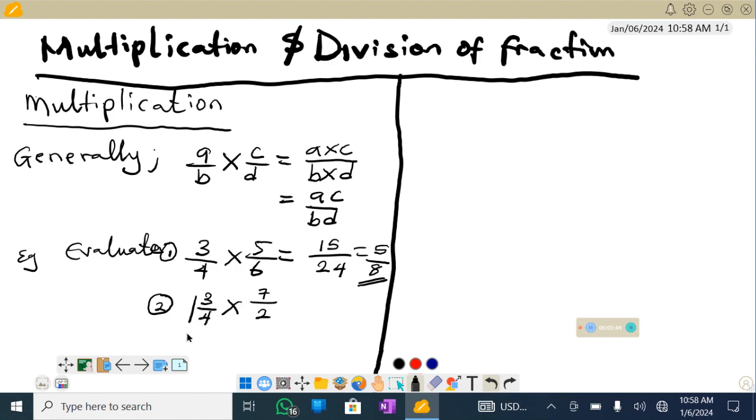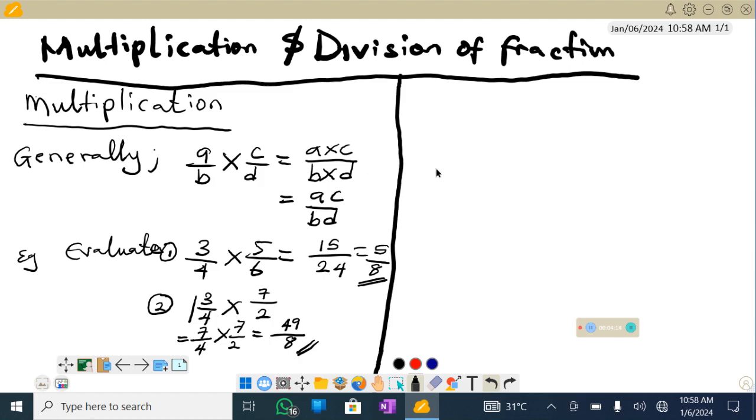It makes it easier. So that will give you 4 times 1, 4 plus 3, that will give you 7 over 4 times 7 over 2. Remember, numerator multiplies itself, while denominator multiplies itself. 7 times 7 gives you 49 over 4 times 2, that will give you 8. So that gives us our answer.